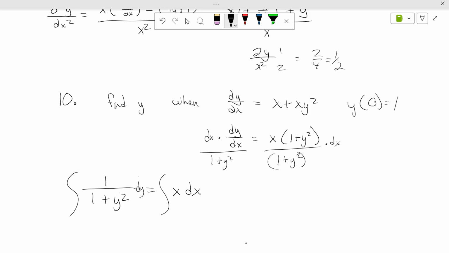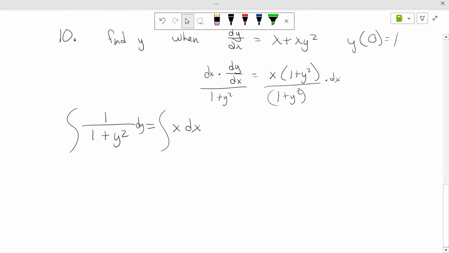Now, do we know how to integrate this by using the reverse of the quotient rule? And the answer is no, because we have a y squared there. So we got to think, where have I seen this before? Oh, I remember. That's the arctangent or inverse tangent.